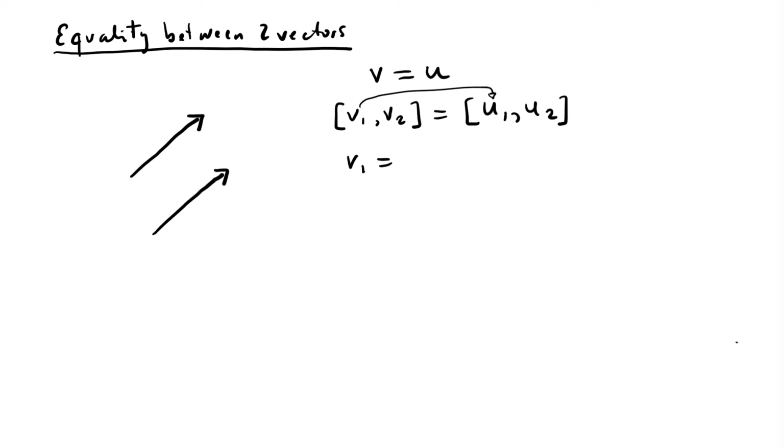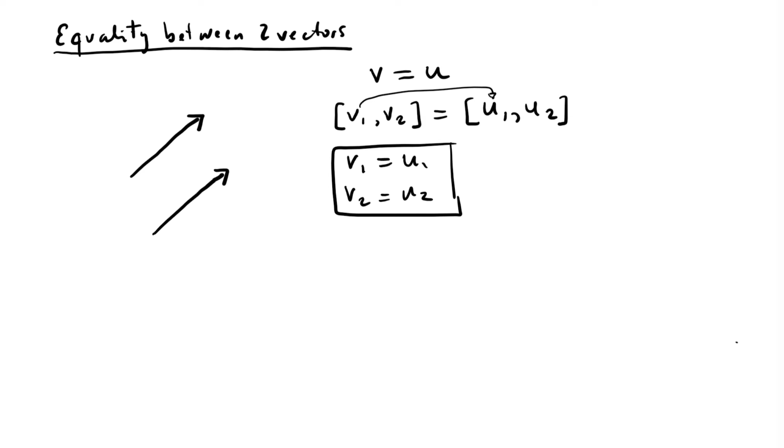So v1 has to be the same as u1, and v2 has to be the same as u2. This is the kind of thing you're going to want to show if you want to show algebraically that two vectors are equal.